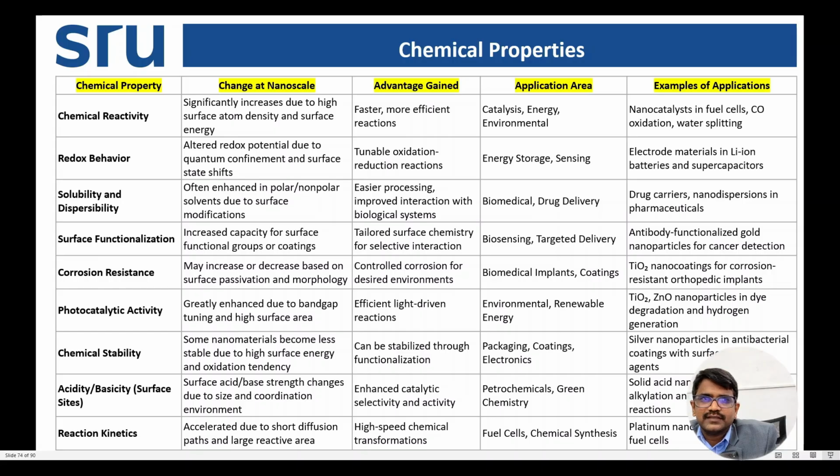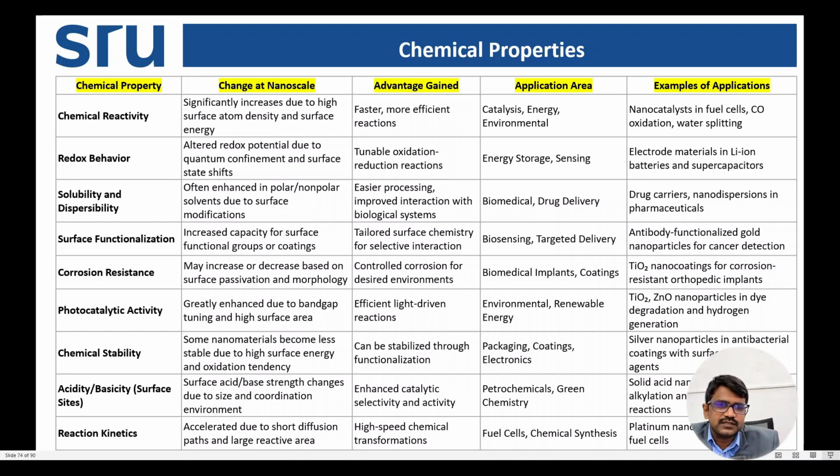So where do we find the applications? Packaging technology, in coatings, and in electronics. Then examples: silver nanoparticles in antibacterial coatings with surface capping agents. Then we can change the acidity and basicity.